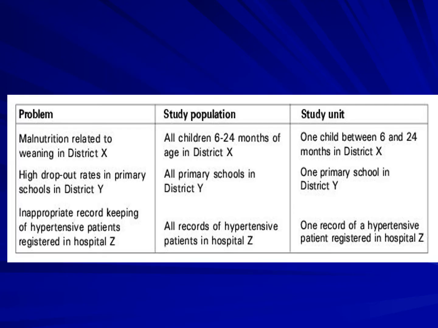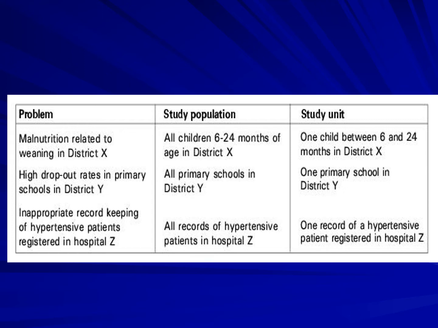Let's understand the concept of study population and study unit with the help of examples. Suppose your study problem is related to malnutrition related to weaning in district X. In that case, your study population will be all children between 6 months to 24 months of age in that particular district, and your study unit will be one child between 6 to 24 months in that district.